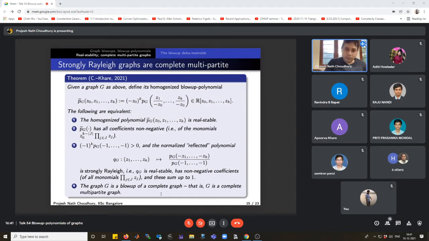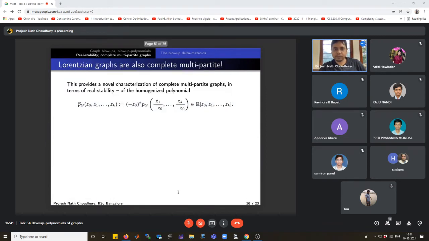So now you can think about why this is the same as saying it is the blow-up of a complete graph. This provides a novel characterization of complete multipartite graphs in terms of the strongly Rayleigh nature of the homogeneous polynomial.